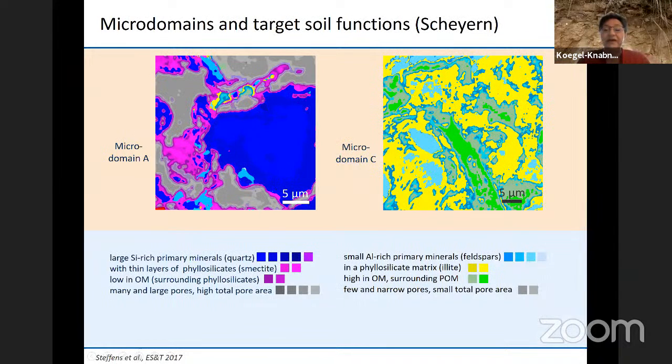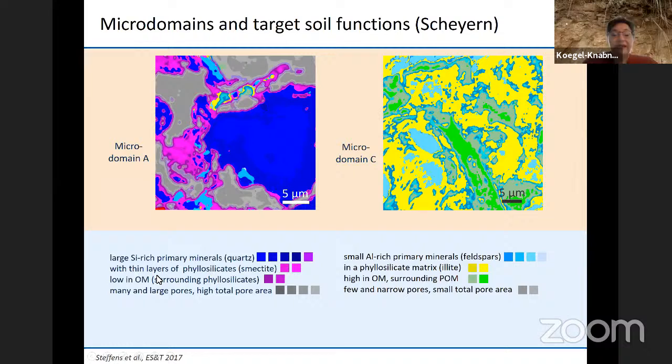If we try to get this together, we see that this microdomain A has these large blue parts, and we think this is mainly quartz minerals, so sand or silt-sized quartz particles. They are surrounded by thin layers of phyllosilicates, most probably smectites.